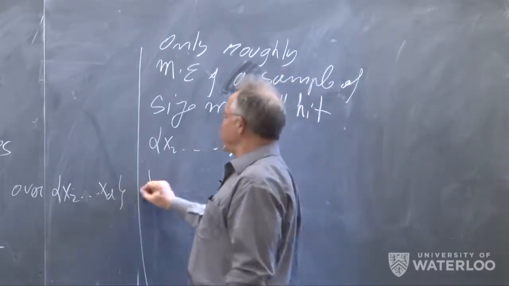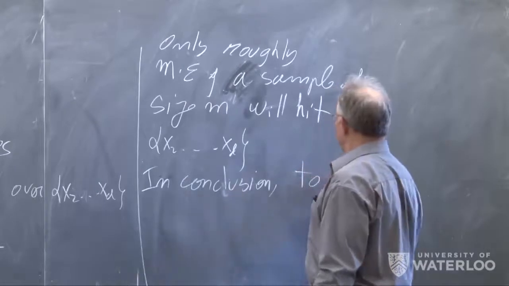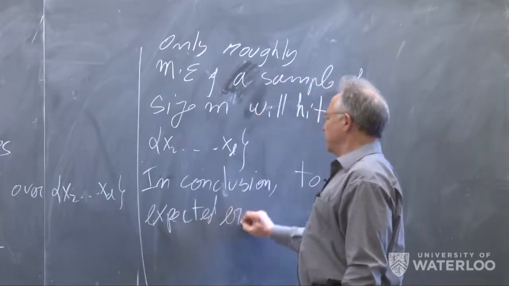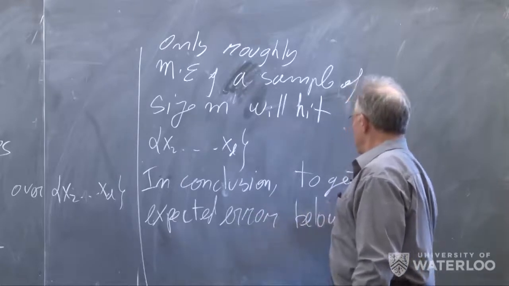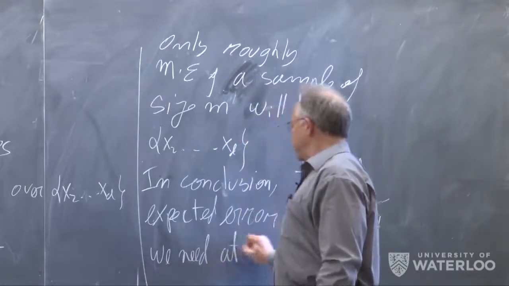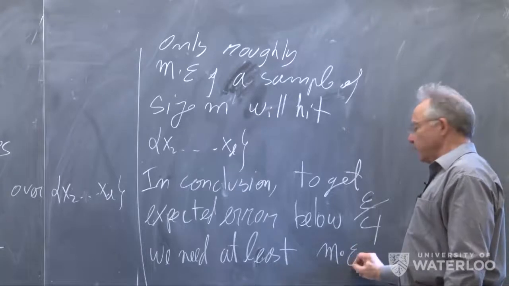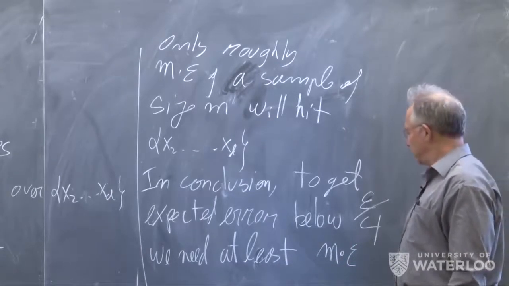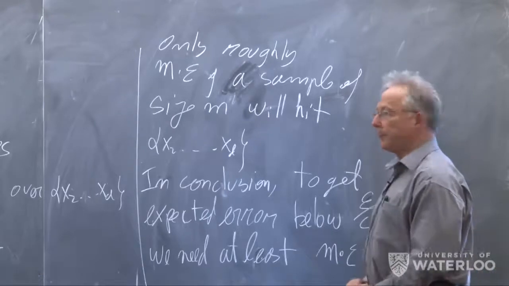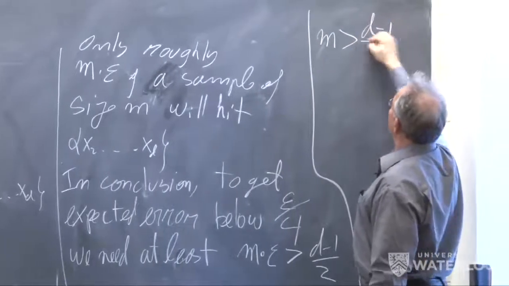So, in conclusion, to get expected error below epsilon over 4, we need that m times epsilon be bigger than d minus 1 over 2, which means m is greater than d minus 1 over 2 epsilon.